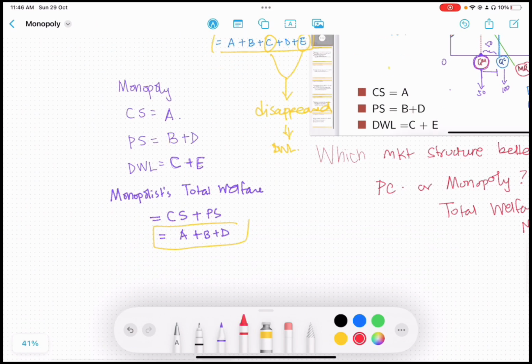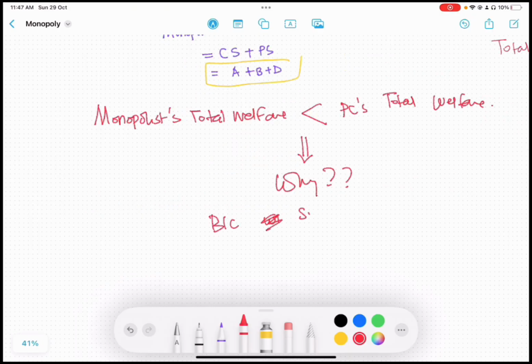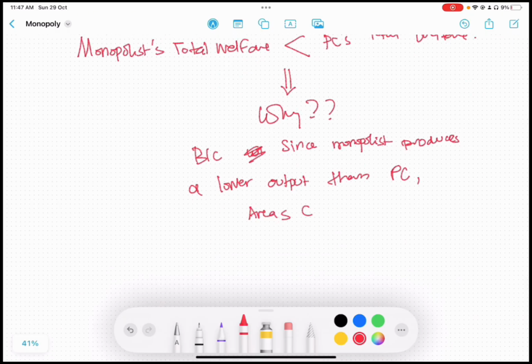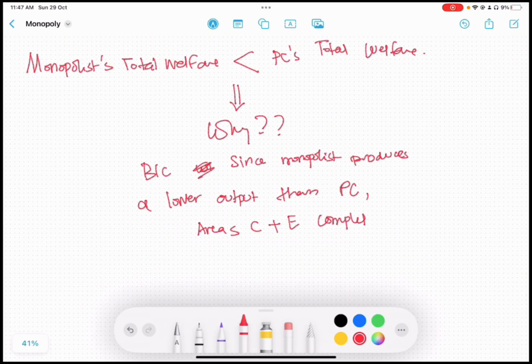So the conclusion is what? For the monopolist, total welfare is less than the perfect competition market's total welfare, because since the monopolist produces a lower output than perfect competition, areas C plus E completely disappear. That is, there's a deadweight loss.